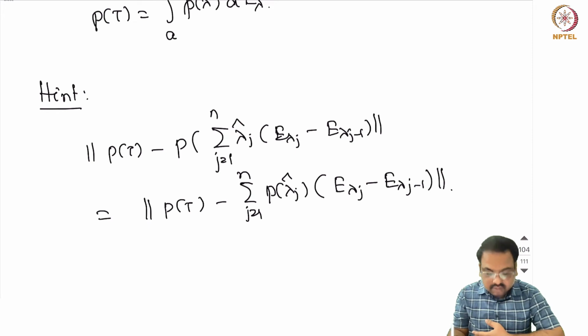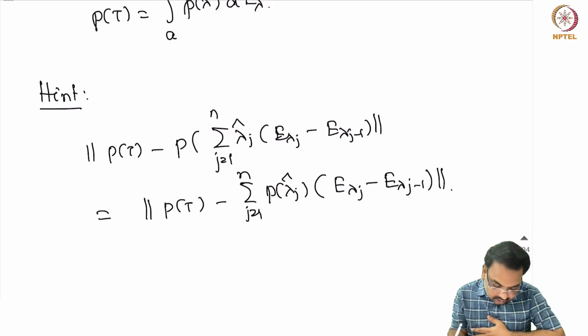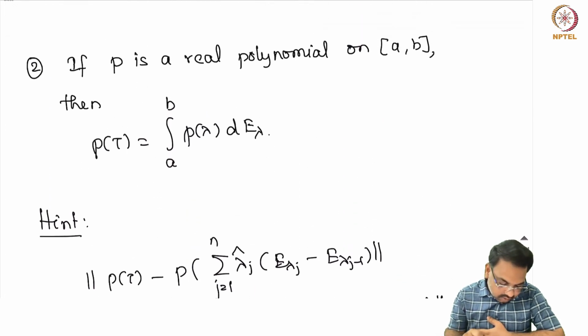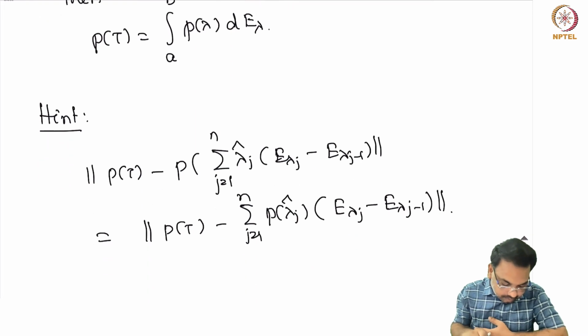Now from this we can get an estimate. We can show that this is less than or equal to epsilon, provided the norm of T minus the summation j equal to 1 to n of lambda j hat E lambda j minus E lambda j minus 1 is less than some suitable constant epsilon by something. So from this we can get the conclusion.